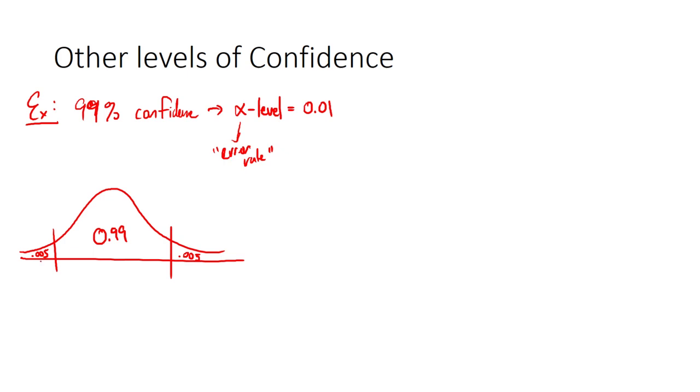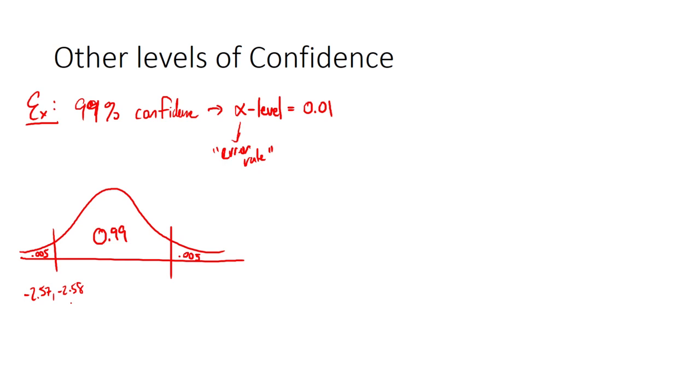So if I'm looking for the point where 0.005 is below, I go to my negative side. You scroll through your Z table, find 0.005. Where does that come out? See, it's right between negative 2.57 and negative 2.58. You see that on the negative side of the Z table?